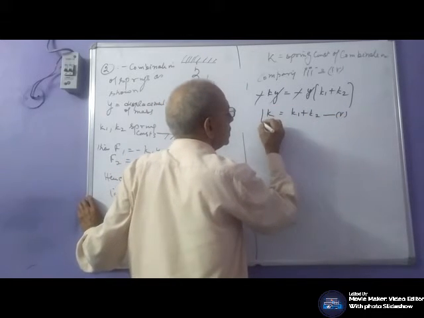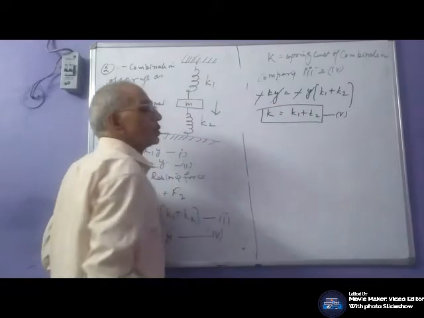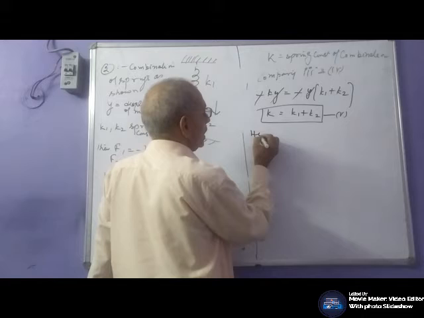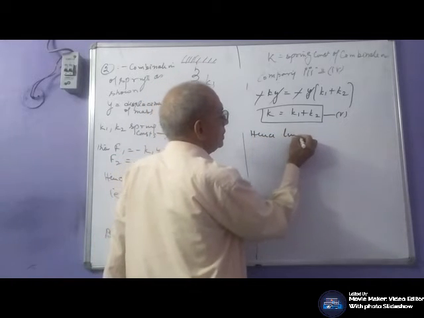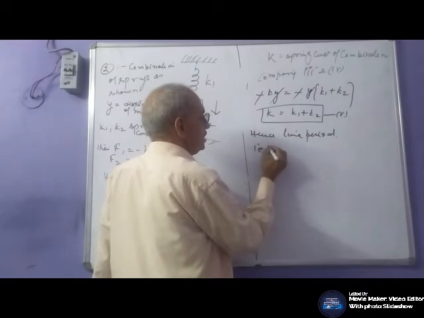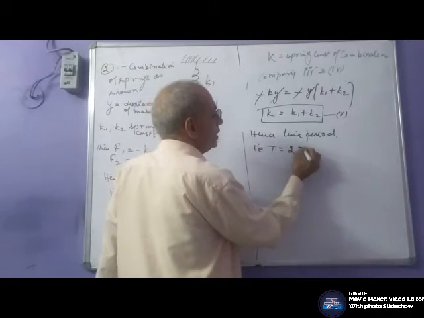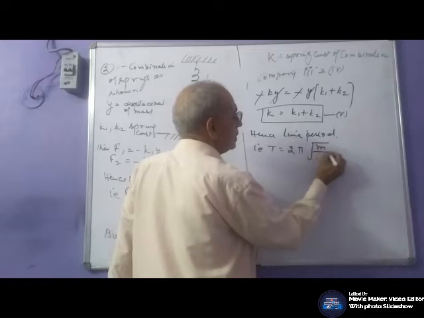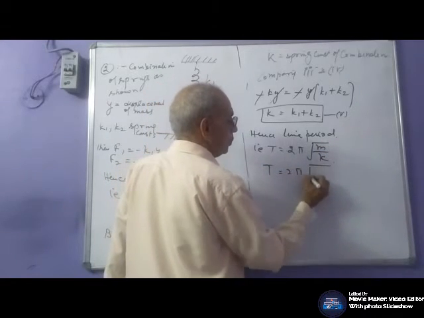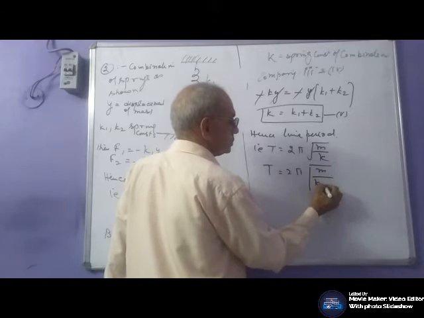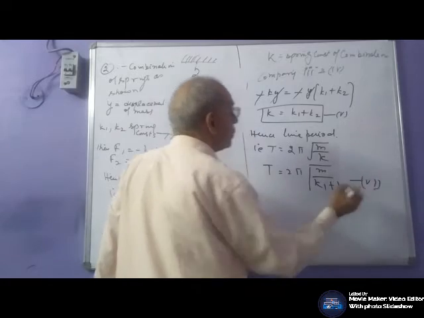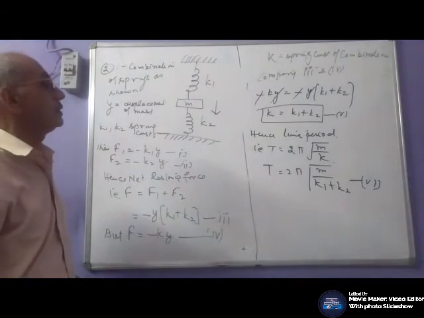Fifth. So this is the net force constant of the combination. Hence time period, that is T equals 2 pi root m by K. So the result of both combinations is the same.